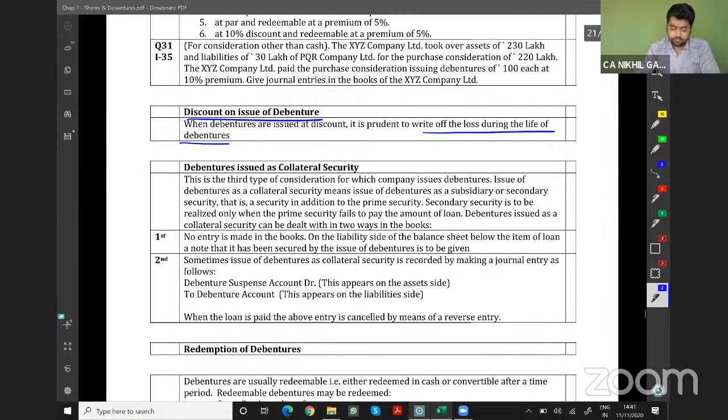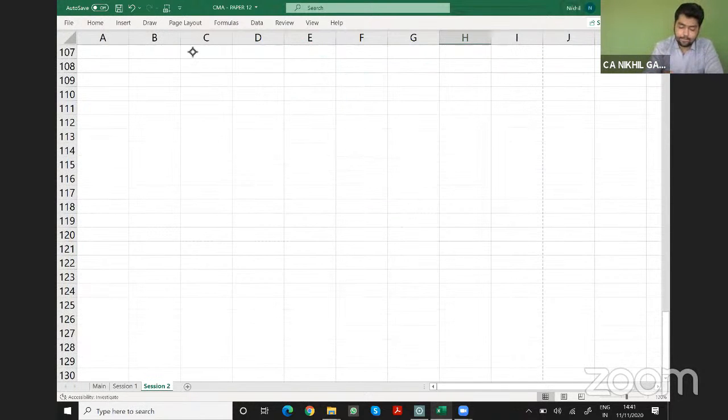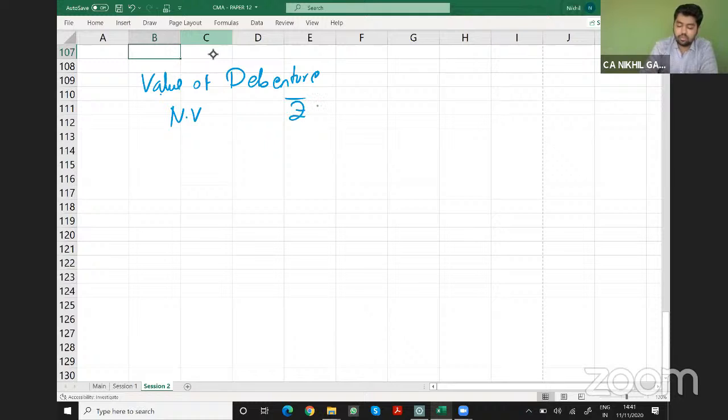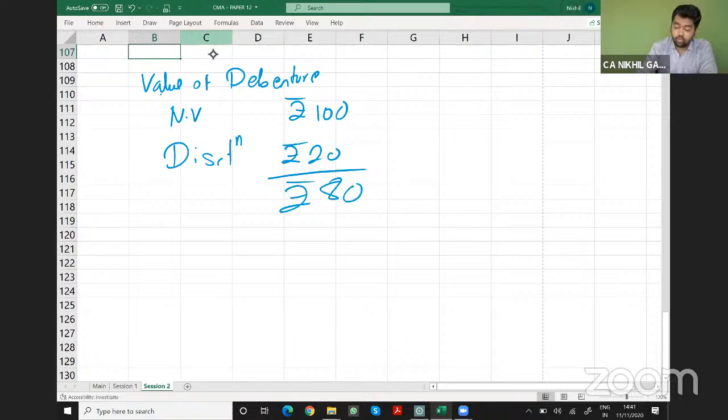See, the nominal value of the debenture is 100, but I have issued the debentures at a discount of rupees 20, and I have received rupees 80. The tenure of debentures is 5 years. So that is a discount of rupees 20.